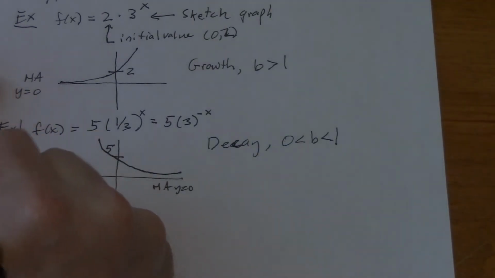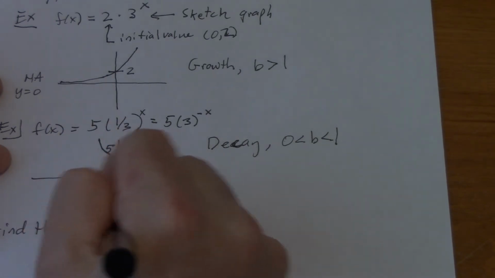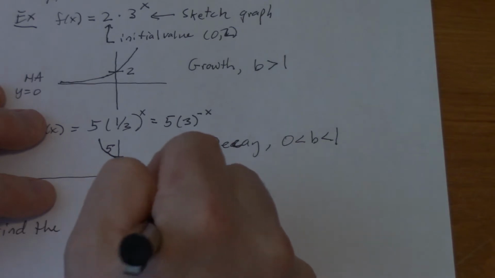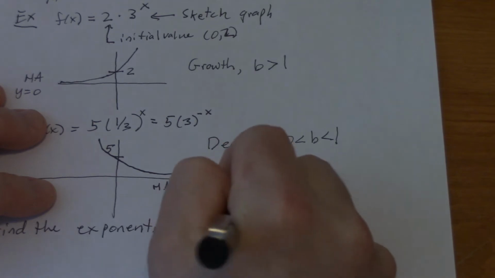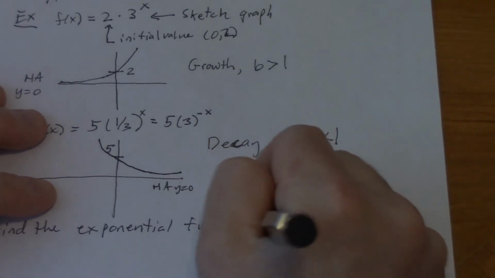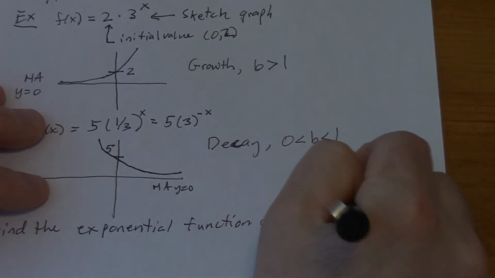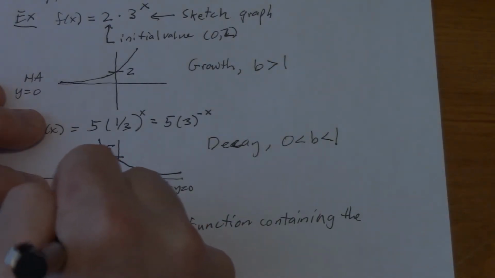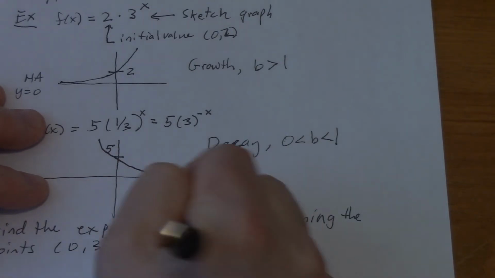Okay? What else? When I say find the equation of, so find the exponential function containing the points (0, 3) and (2, 12).